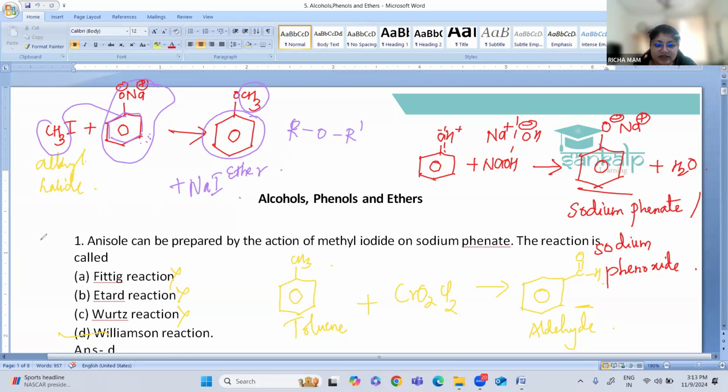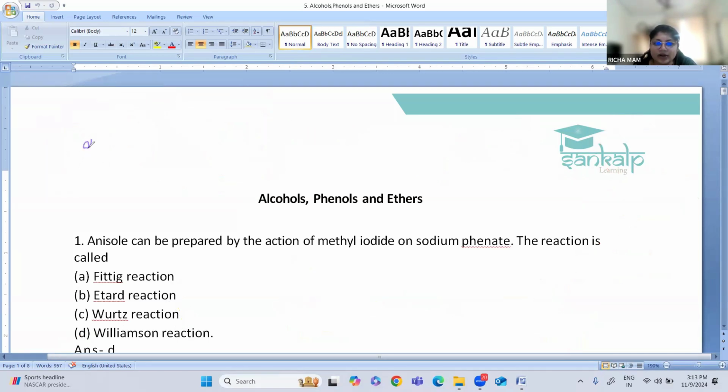So what is Williamson ether synthesis? You take a sodium alkoxide, or a potassium alkoxide, or an arene compound.